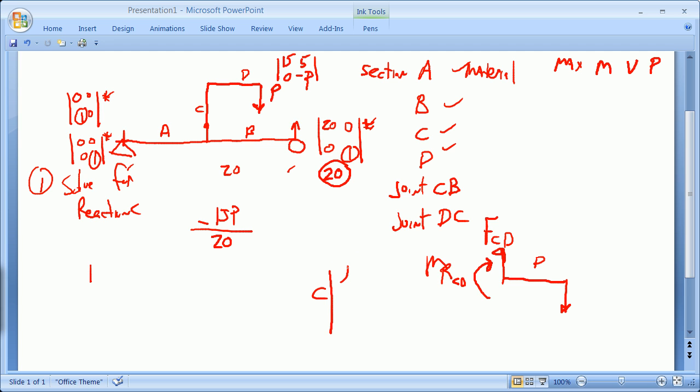We've got a reaction of D onto C, the moment of reaction of D onto C, plus the force of D onto C. And down here we have as well a set of moments and reactions.